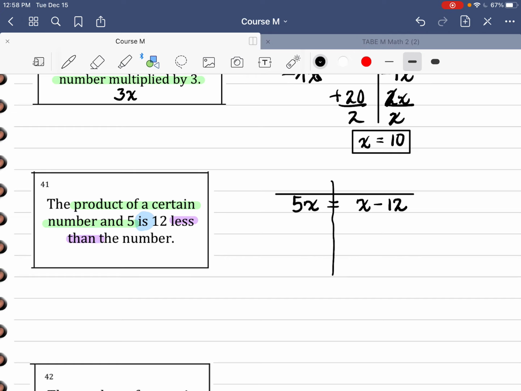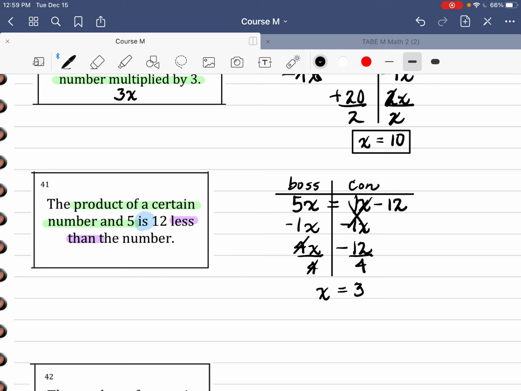So let's draw the power t. Put your 1 there, and you can see that the 5x is the boss. So we need to move the 1x, cancel, copy, and divide by the coefficient 4. So x is negative 3. Don't lose your negative sign.